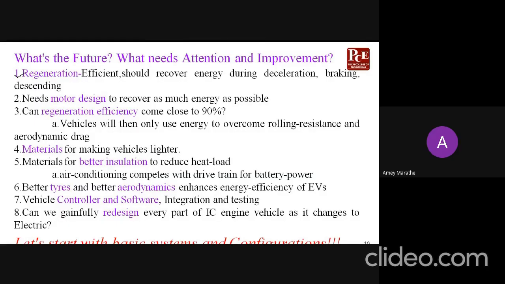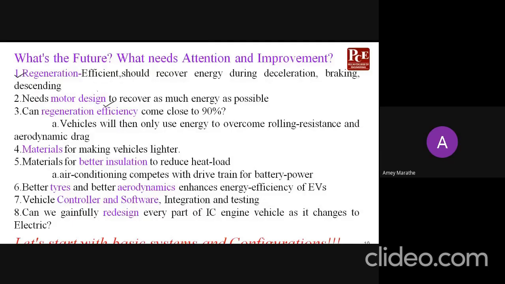So what can you do in future? We can focus on regeneration. Regeneration should be efficient, and it should recover energy during deceleration, braking, and descending. We require a good motor design to recover as much energy as possible.